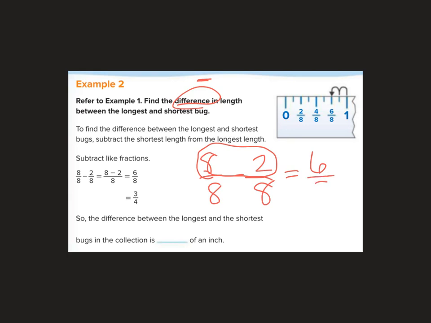And then the 8s don't change, but I notice that 6/8, I can reduce it, simplify. So I can divide by 2, divide by 2. 6 divided by 2 is 3. 8 divided by 2 is 4. So the difference between the longest and shortest bug length is 3/4 of an inch.